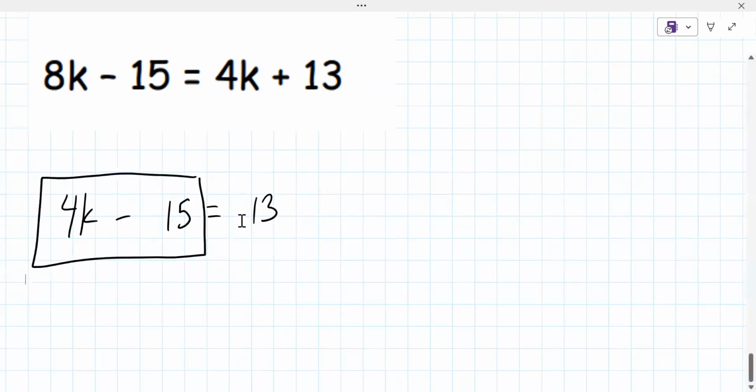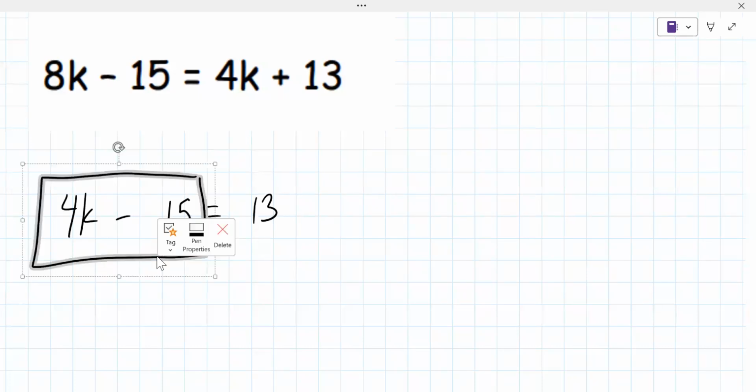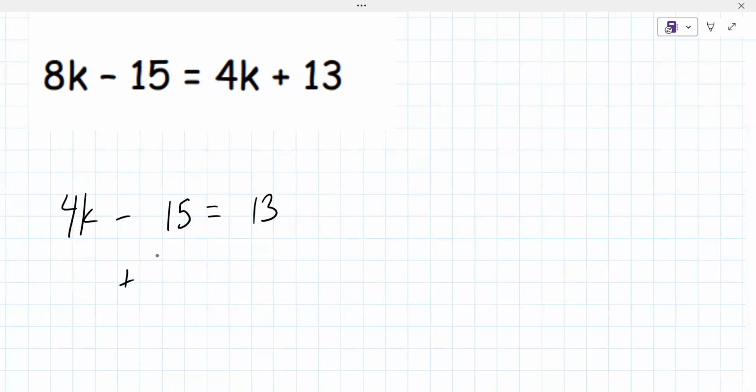You don't care about what's going on the other side. You look at the side with the variable. So how do you undo what's on the side with the variable? Meaning that it's not a choice. It's not, well, do I add 15 or do I subtract 13? There's no choice because you're looking at the side with the variable. That is the only choice. So I was confirming, because that was where I got mixed up last time. Yes.